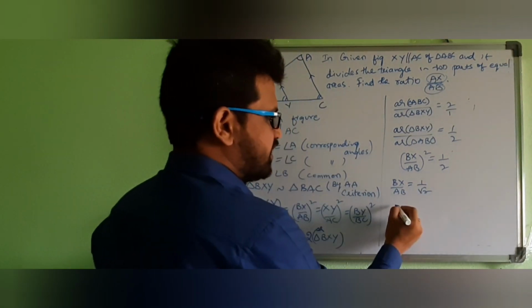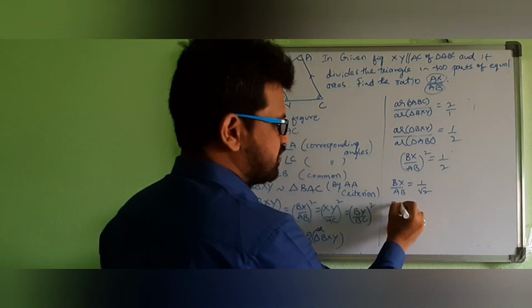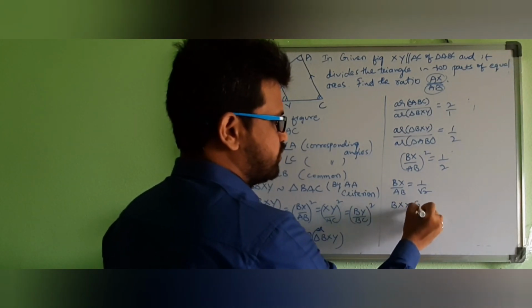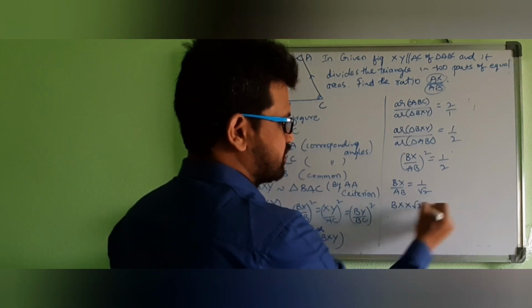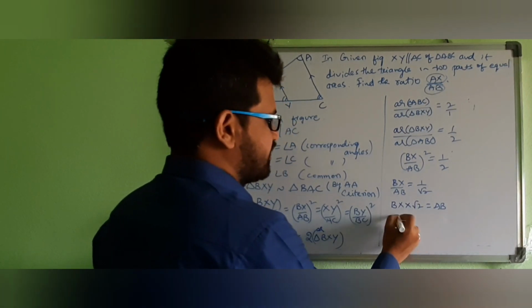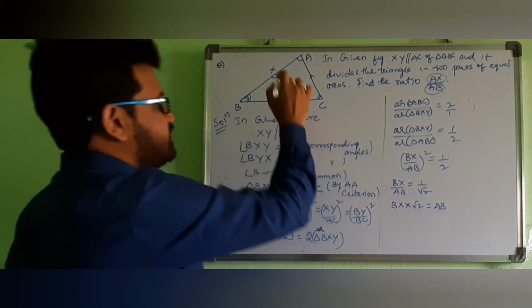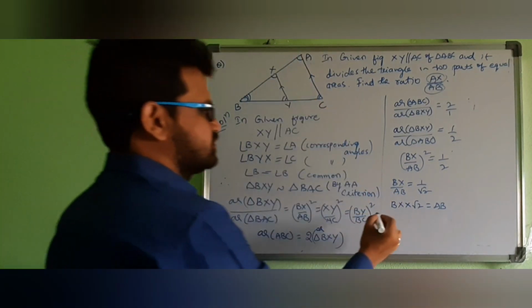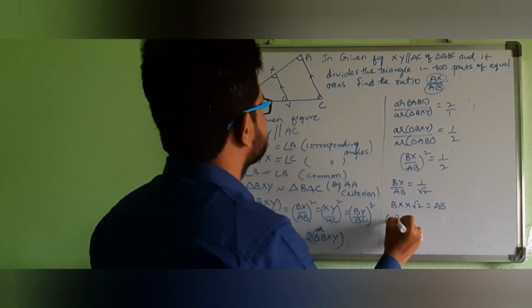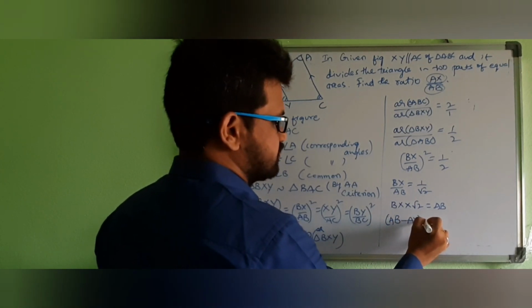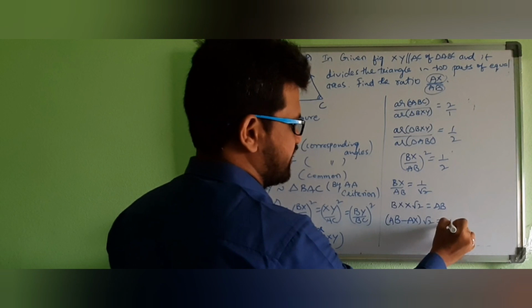What I am doing is cross multiply: BX into root 2 is equal to AB. BX we can write in terms of AB and AX: AB minus AX, into root 2 is equal to AB.